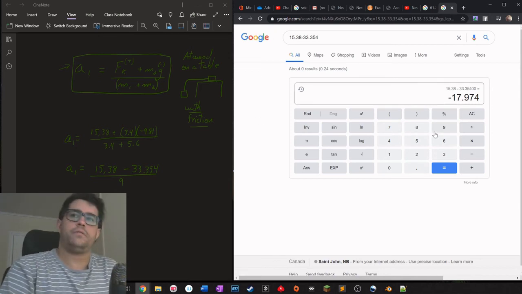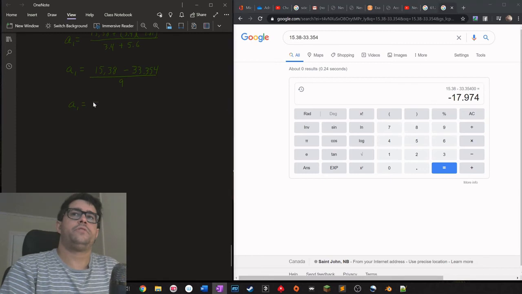A minus also interesting, means it's going downwards or backwards, right? Which is the case. This A1 is the one on the table and it's going backwards. Like if it would be a positive 17, that would make no sense, right? Over 9.